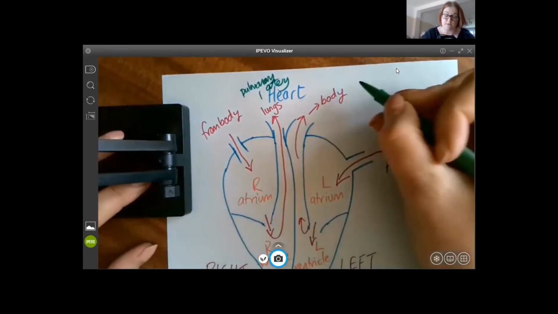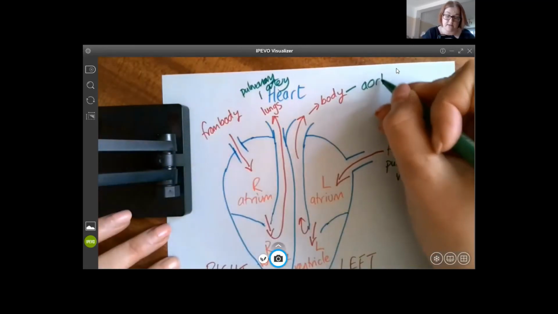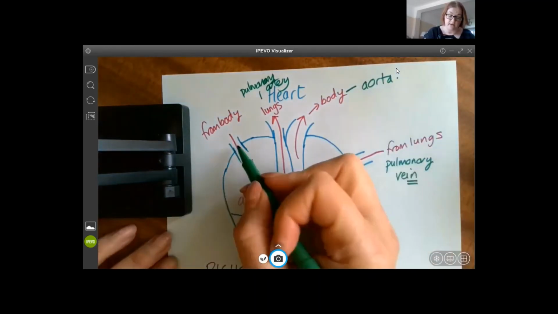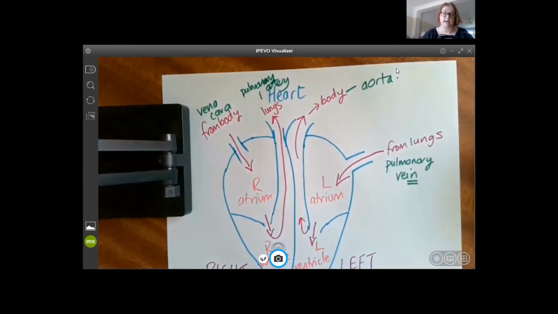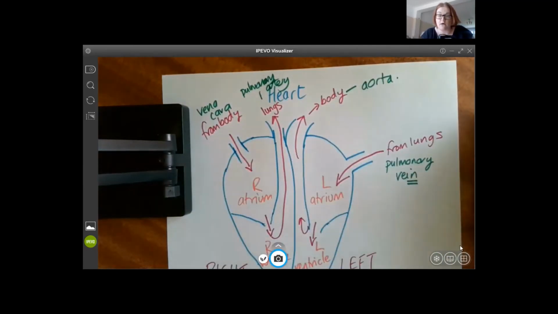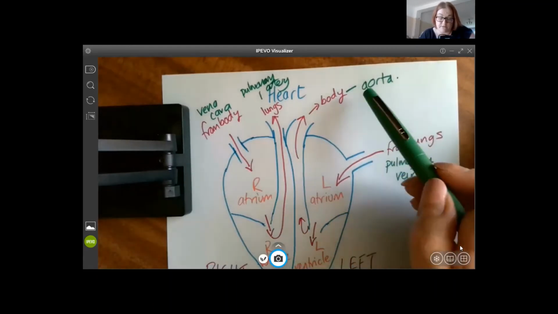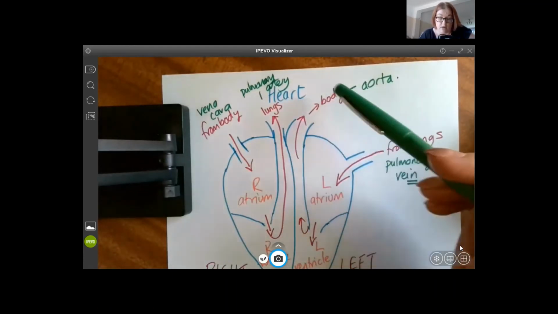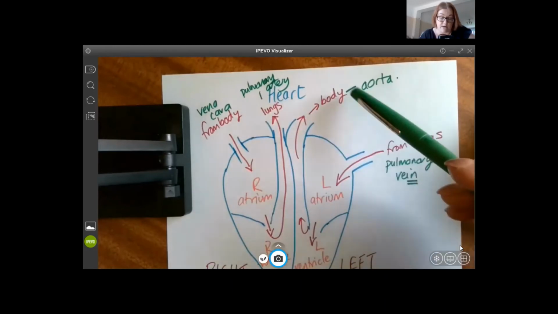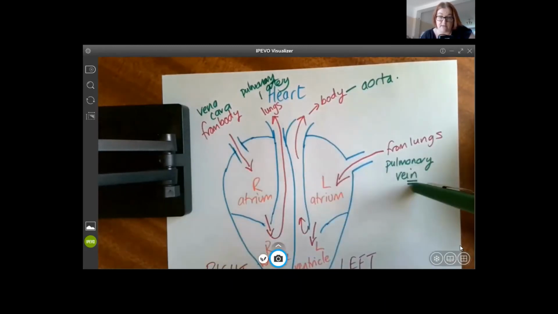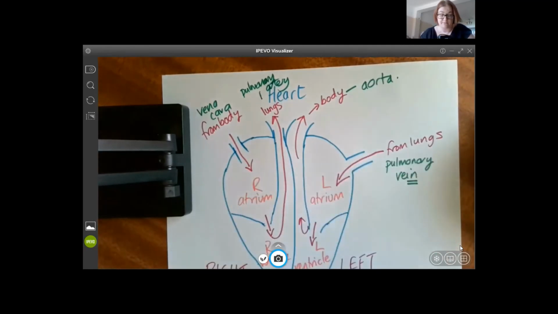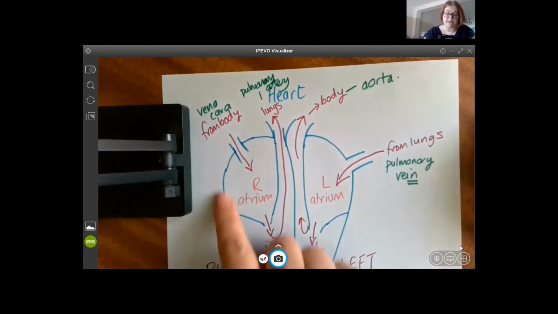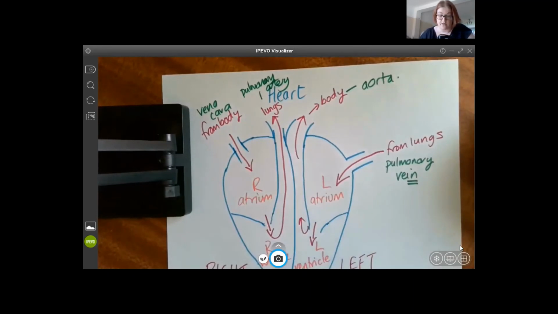And then we've got two more. This one headed off to the body is called the aorta, and coming from the body is the vena cava. The vena cava means the main vein. So those are the names of the four main vessels: the two leaving the heart, the arteries, A for away, going away from the heart, and the two going in, veins go in, it's got a V in it for veins, veins go into the heart. And you've got your basic structure of the heart there.